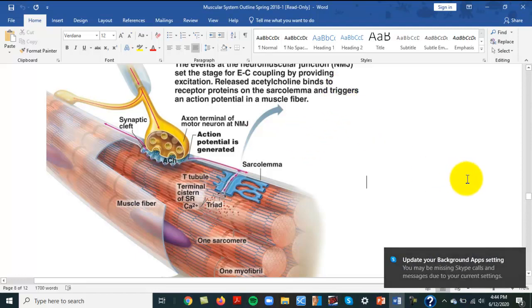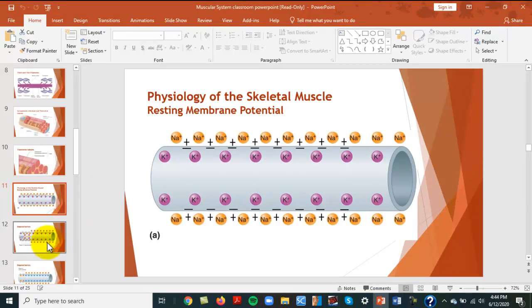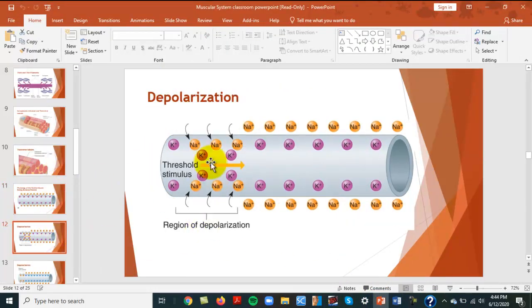You can see it on this diagram. Sodium ions will start rushing across the muscle fiber, and it's carrying all these positive charges along with it because it's Na+. Sodium ions are cations.